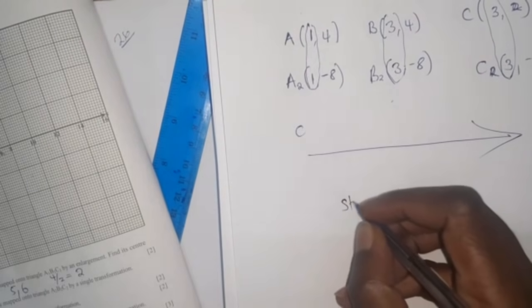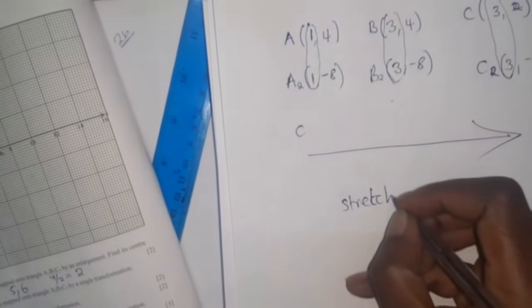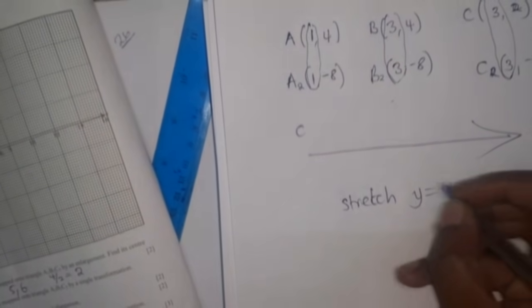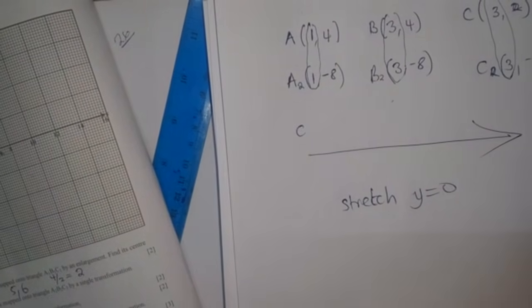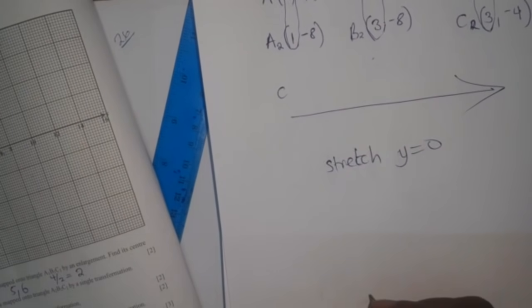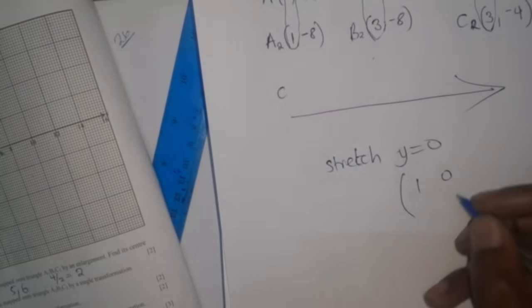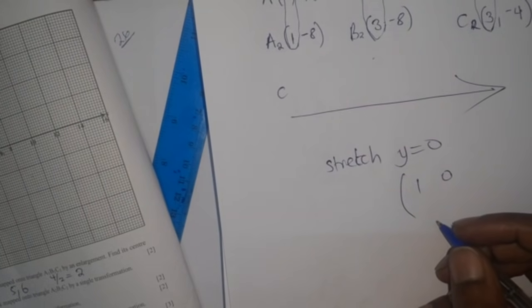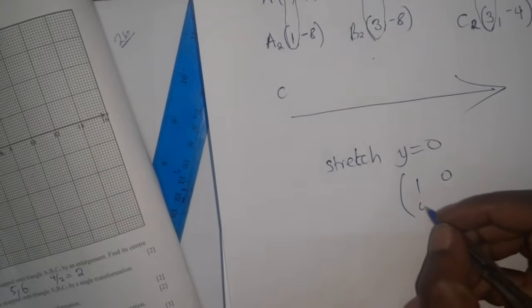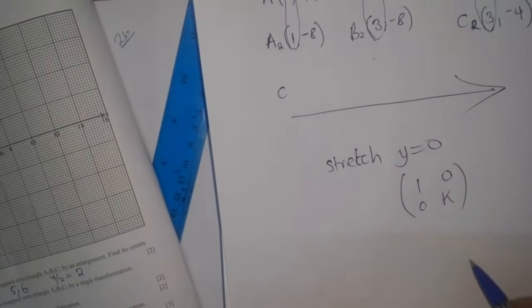Okay, this is a what? A stretch when y is equal to 0. And the matrix that we use in this case, it is what? 1, 0, then 0, k, where k is the scale factor in this case.